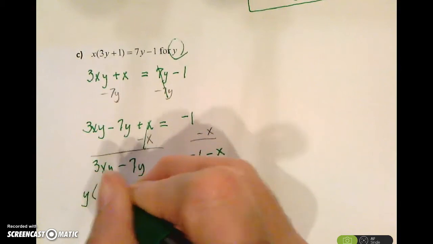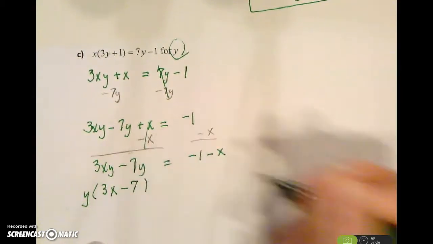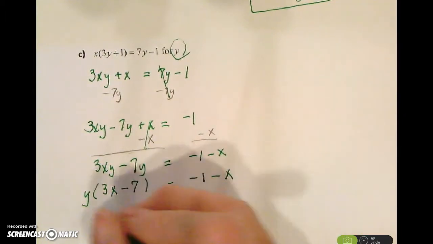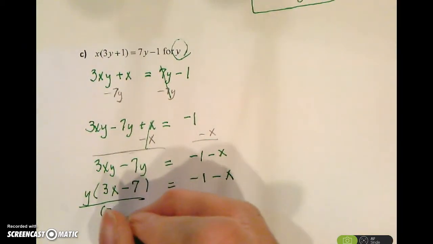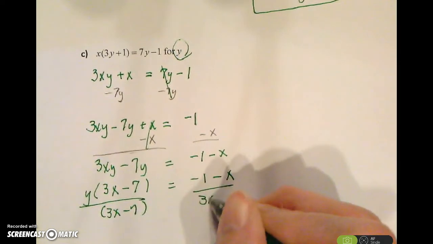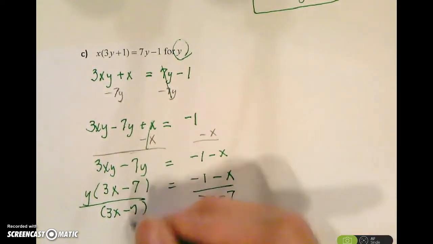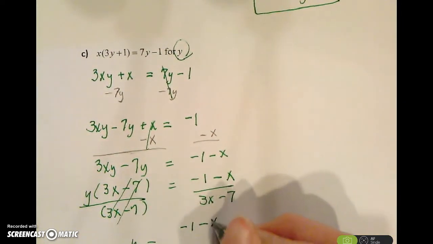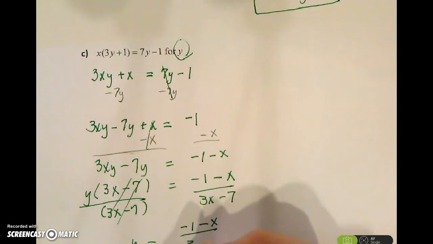That leaves me with y times 3x minus 7 is equal to negative 1 minus x. Then I'm going to divide both sides by the parentheses, 3x minus 7. My answer comes out to be y is equal to negative 1 minus x over 3x minus 7.